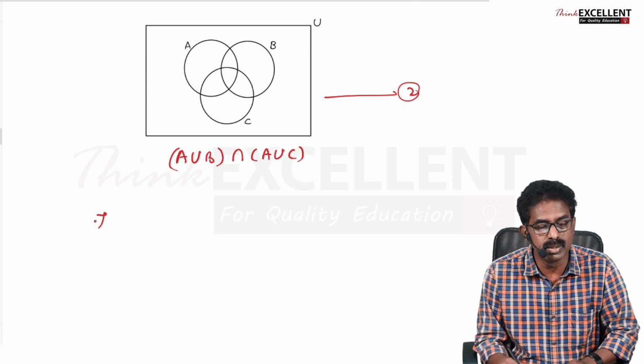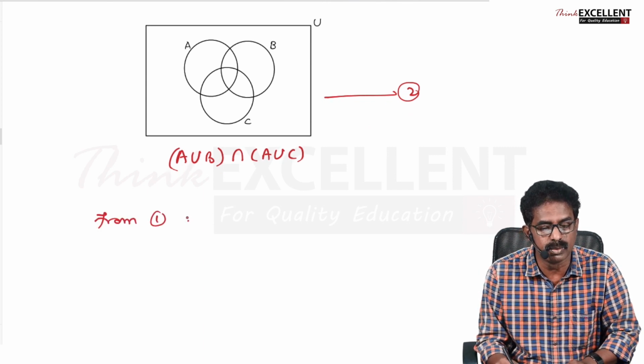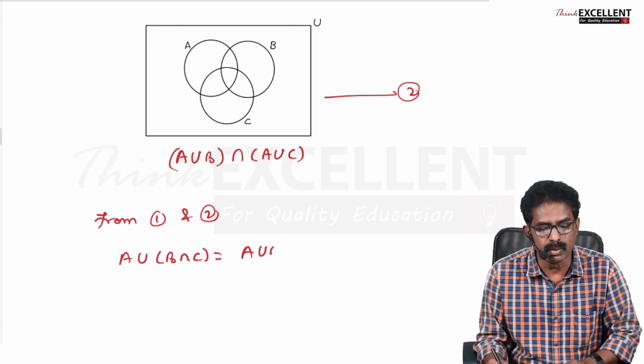So now conclusion, very important: from 1 and 2, A union B intersection C equal to A union B intersection A union C is verified.